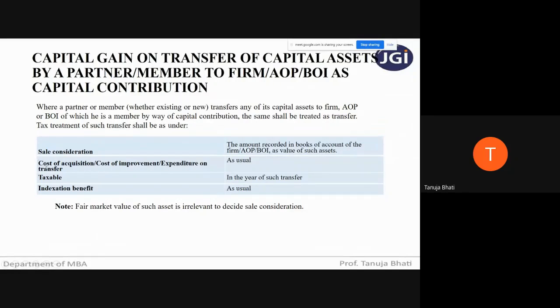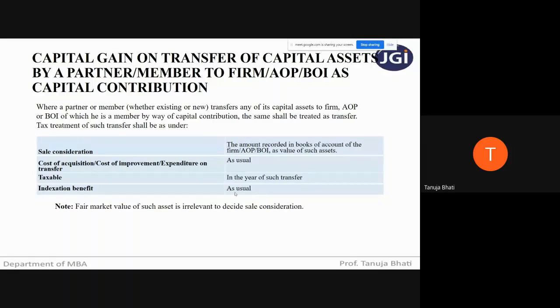Next, cost of acquisition, cost of improvement, expenditure on transfer will be as usual, no change in that. It will be taxable in the year of transfer. When the partner is transferring his capital asset into the firm, that year you have to charge it to tax. Indexation benefit, as usual, will be applicable up to the date of transfer.